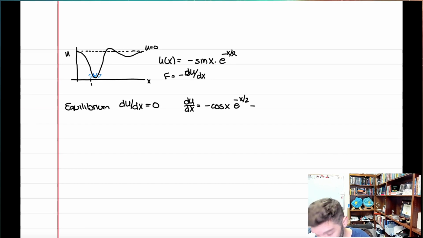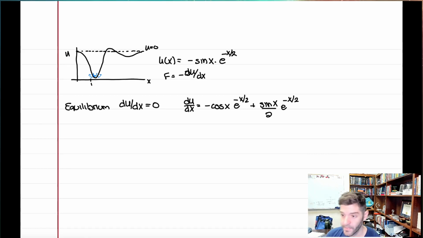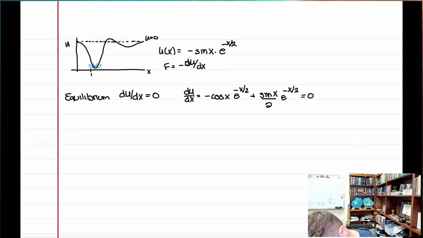And then there's, let's see, it's going to be sine of x over 2 e to the negative x over 2. I believe that's right. If we set that equal to 0 and solve for x, the exponential is never 0, so we can get rid of that.